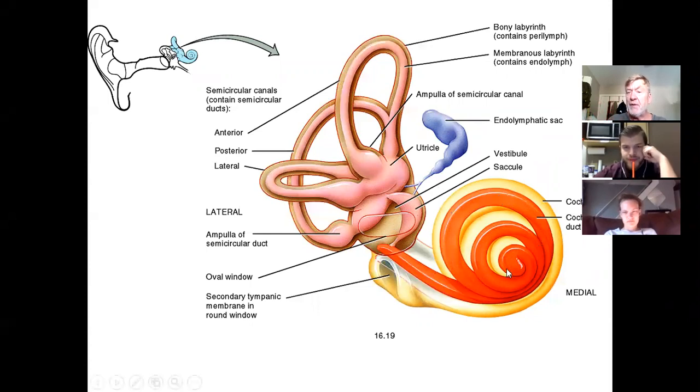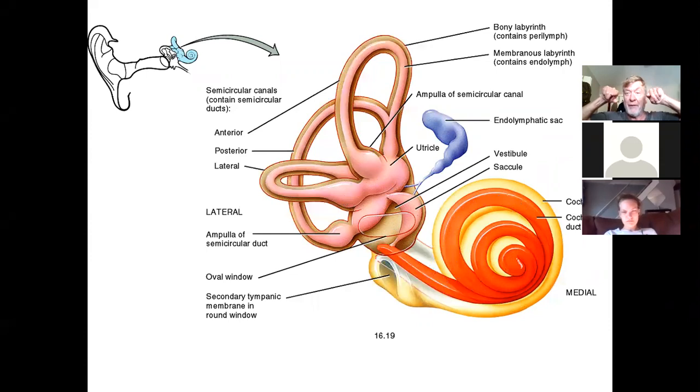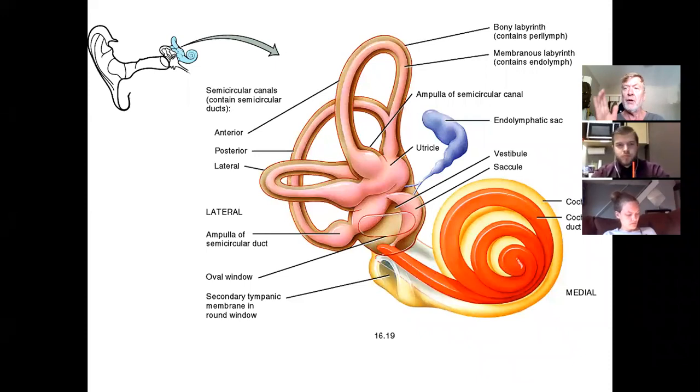The orange is the cochlea. Balance is in pink, hearing is in red, and the point of the cochlea is aimed toward the back of your eyes. You can see that the cochlea is more medial, more toward the center of the head, than the balance organs, which stick out a bit toward the sides, a little bit like cauliflower.